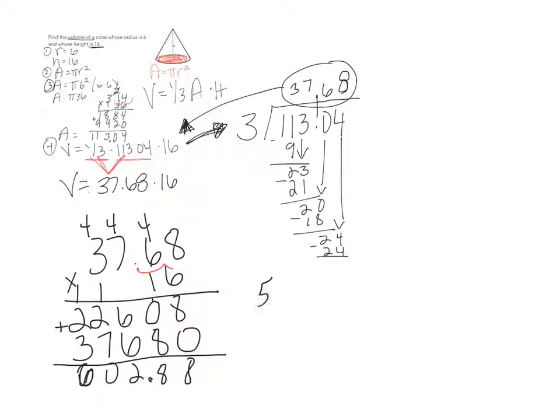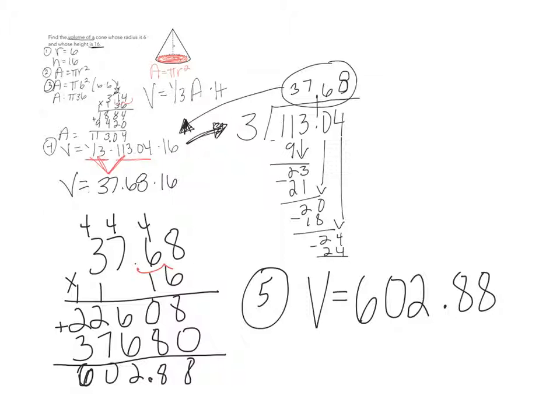So our last step is to write our full answer completely. Volume is 602 and 88 units cubed. So look at all this work we had to do. This is exactly why it's so important that we trace all of our steps.